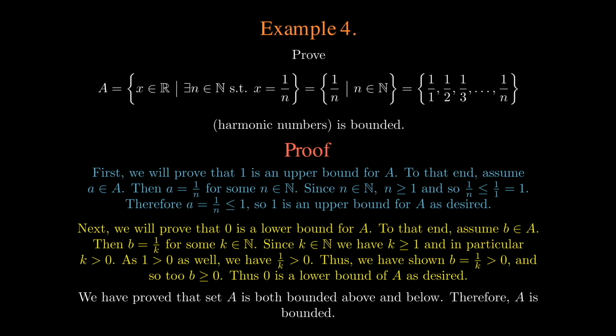Thus, we can conclude that 1 over k will be greater than 0, and so it is also greater than or equal to 0. Thus, 0 would be a lower bound for the harmonic numbers. Since we have that A is both bounded above and below, we conclude that the harmonic numbers are bounded.